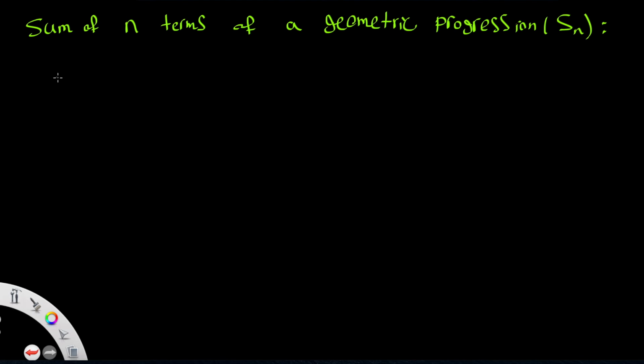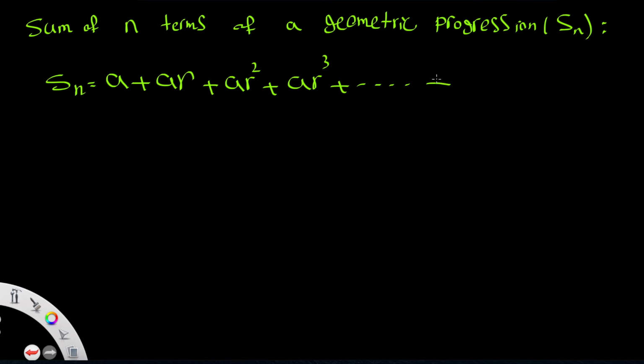So we know that Sn, the sum of the first n terms, is equal to the first term plus the second term, which is AR, plus the third term, AR squared, then AR cubed, till the last term, which is AR to the power of n minus 1.